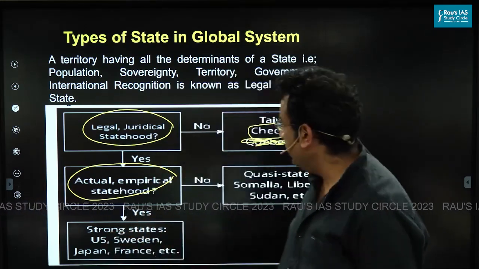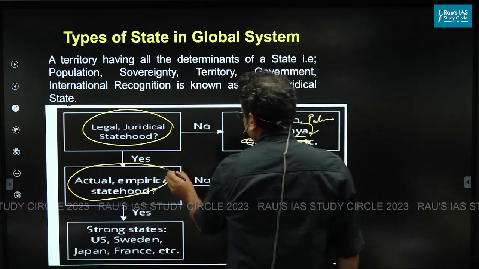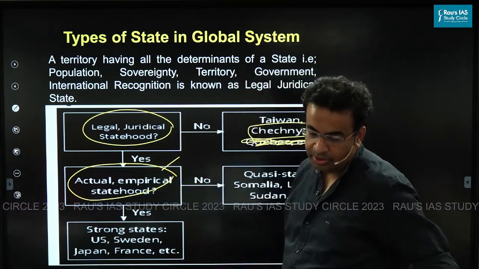Then which are actual empirical? Write: who are actual empirical?